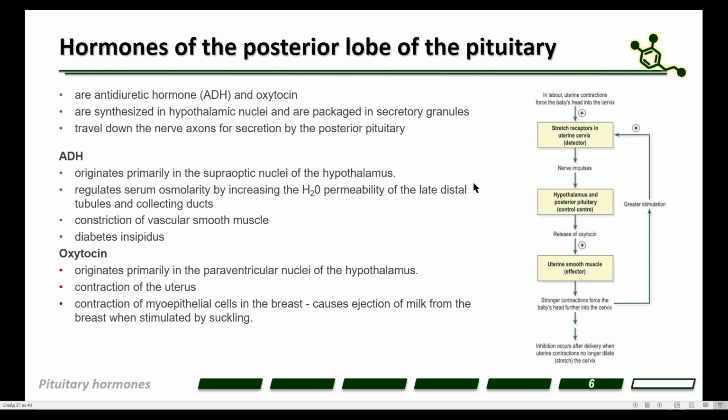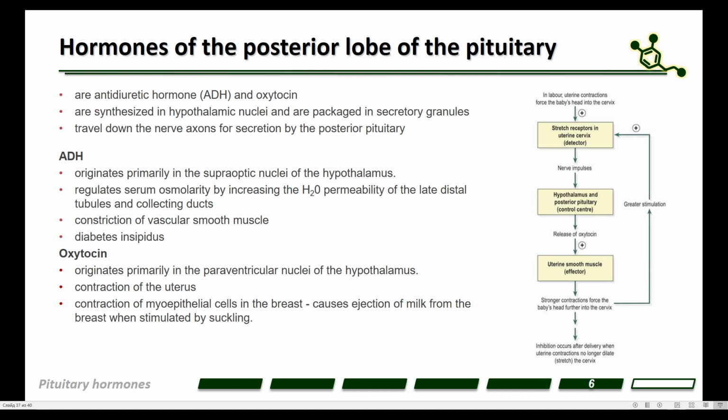Now, as for the hormones of the posterior pituitary, what do we have here? Two hormones will be produced in the hypothalamus. They are the antidiuretic hormone and oxytocin. These two hormones are synthesized in the hypothalamic nuclei, supraoptic and paraventricular, and they will be packed into secretory granules.